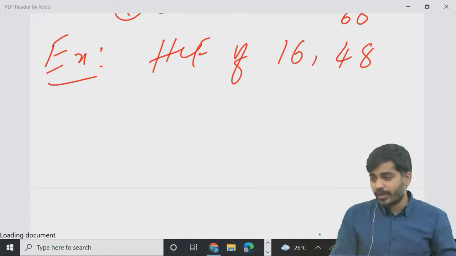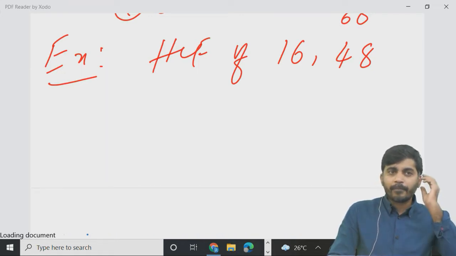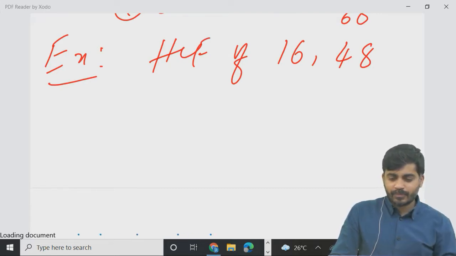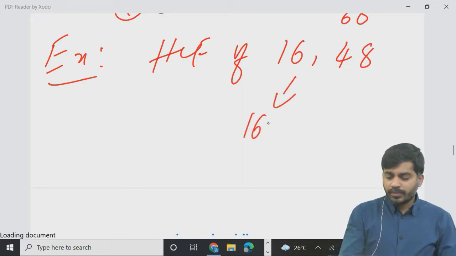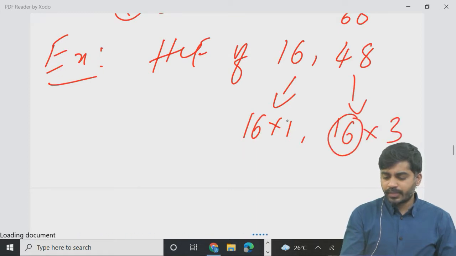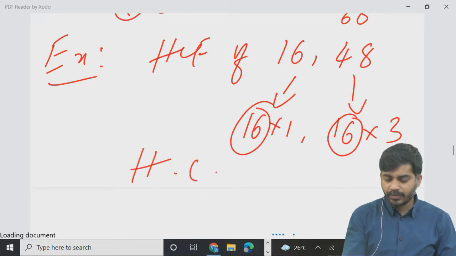Two numbers are given. See, the first number is 16 ones, this one is 16 threes. 16 is common. HCF is 16.